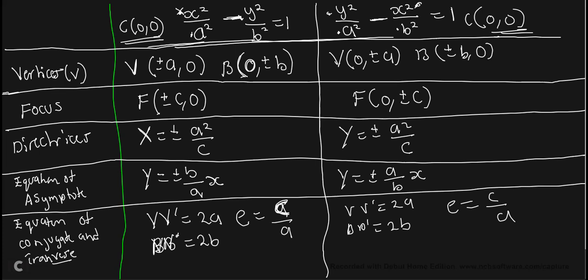In hyperbola, we can calculate the value of c: c squared equal to a squared plus b squared. Even this side, c squared is equal to a squared plus b squared. So this is how you solve the hyperbola.